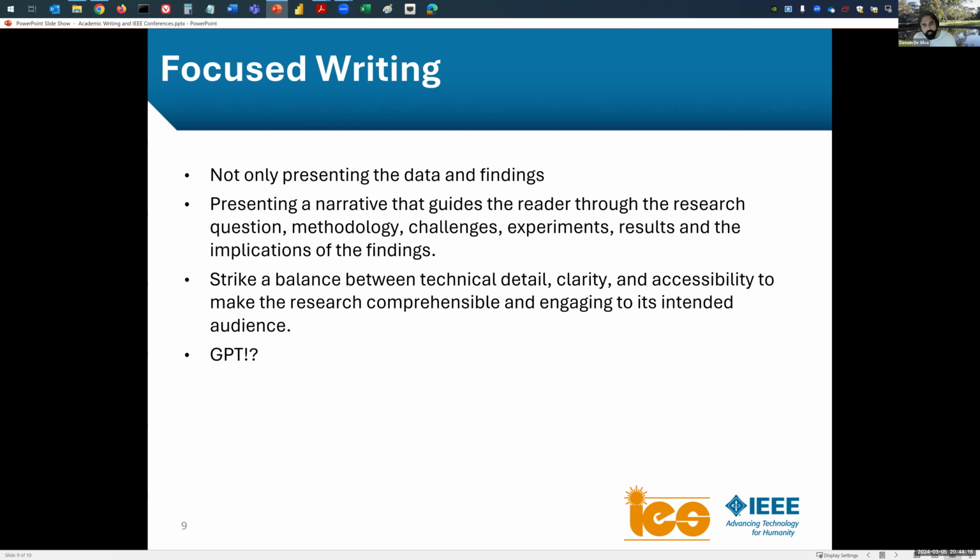So you have to strike a balance between the technical detail, which is mostly in the research methods or the experiments, the clarity of what you're trying to do and what you have accomplished, and making sure that the entire research paper is comprehensible. I see this in some of the research papers where you repeat the same thing, or you use a lot of words to describe something very simple.